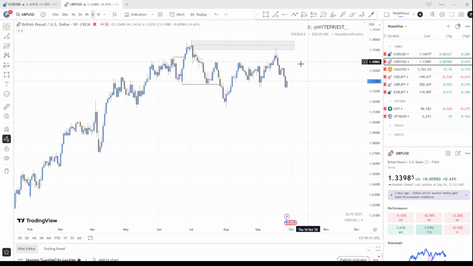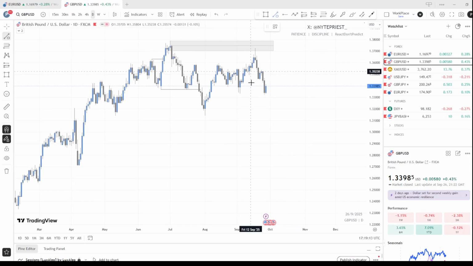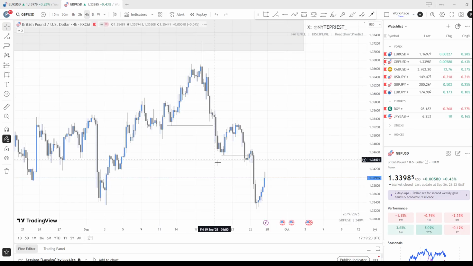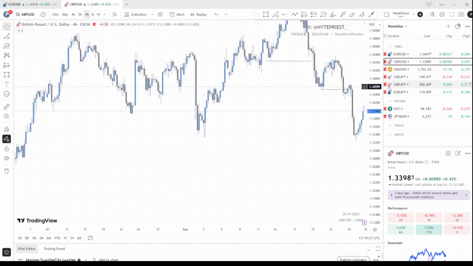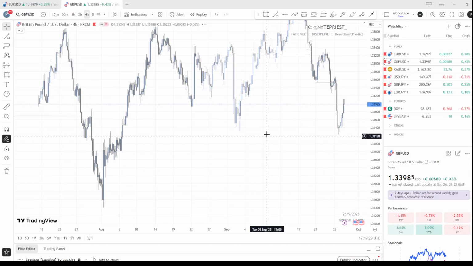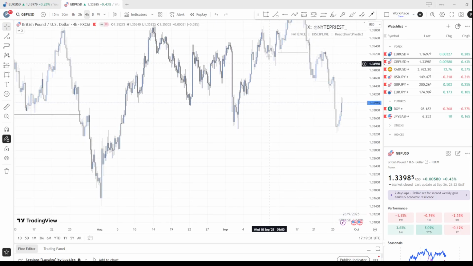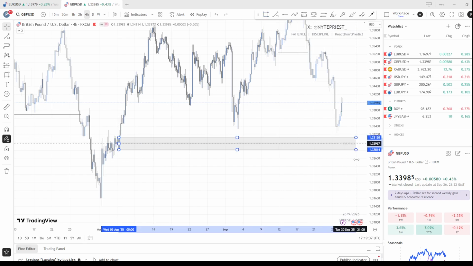And we have a fractal shift here and another shift here. So on the 4-hour time frame, this was the demand.